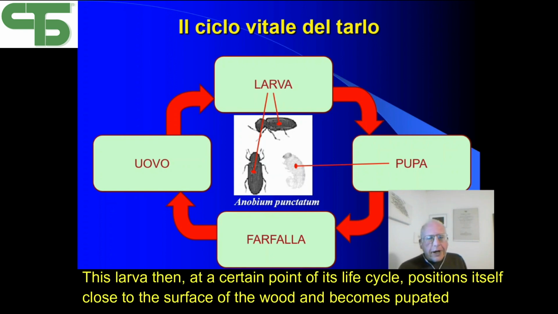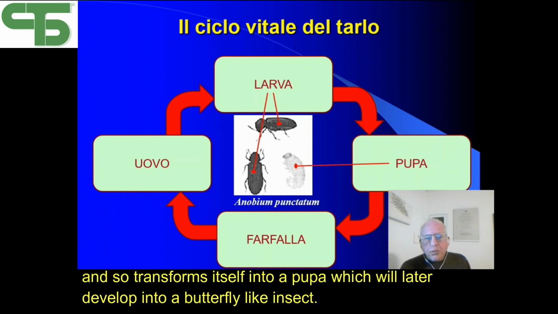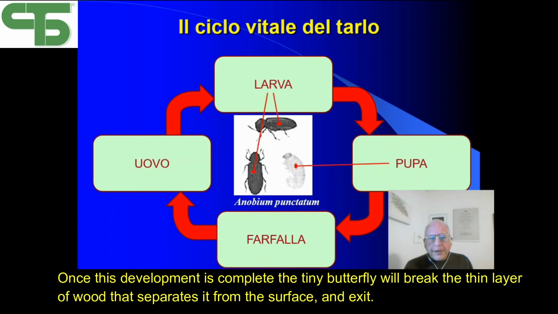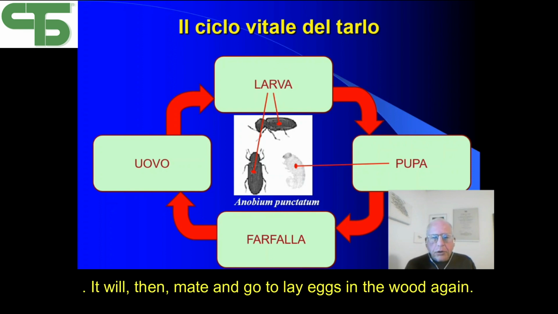This larva then, at a certain point of its life cycle, positions itself close to the surface of the wood and becomes pupated, transforming itself into a pupa, which will later develop into a butterfly-like insect. Once this development is complete, the tiny butterfly will break the thin layer of wood that separates it from the surface and exit. It will then mate and go to lay eggs in the wood again.